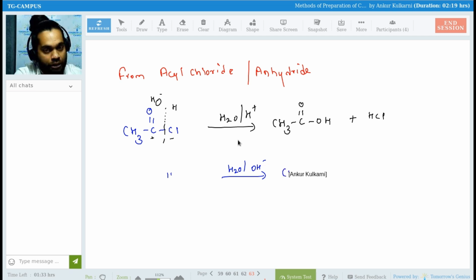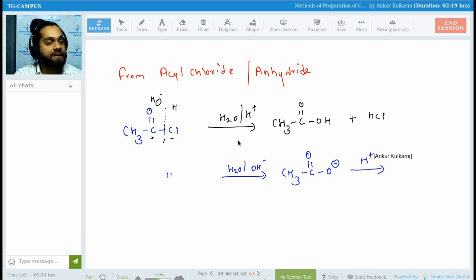OH minus is a base. So what will happen? Acid will behave as acid, will give away the H plus. Base will behave as a base, take away the H plus. So first you will get an intermediate like this, with O minus. Are you getting it, Sasidharan? If you use a base, you get an intermediate. Then you further acidify it so that you get an acid. I hope I am clear, Sasidharan.